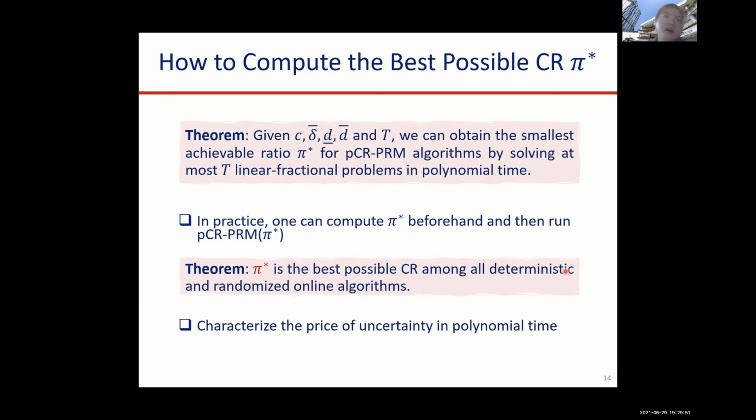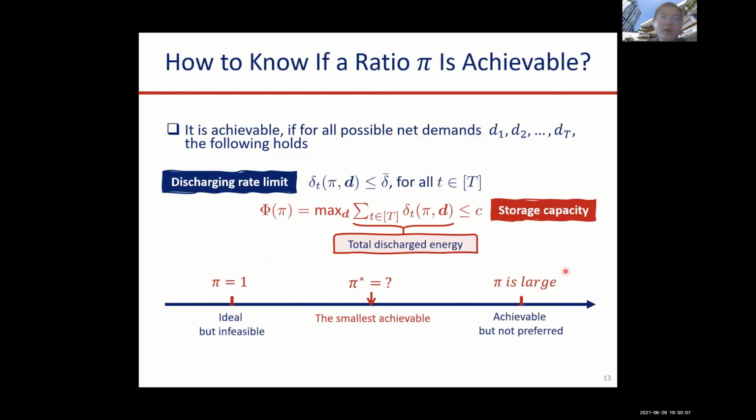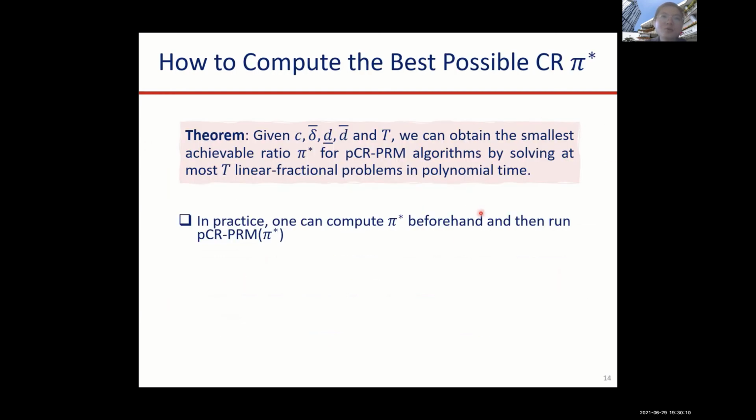In this model, the best possible competitive ratio should become smaller, which means better. I think in this case, our algorithmic framework will still work, but we need to find another way to compute the smallest achievable ratio.